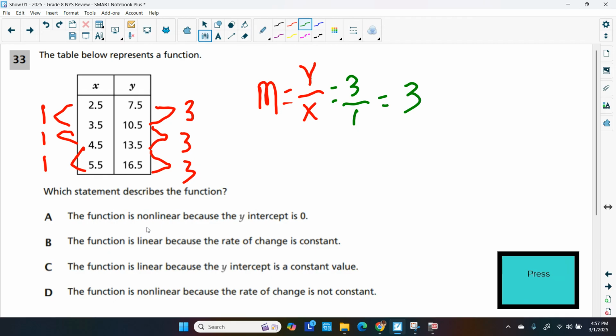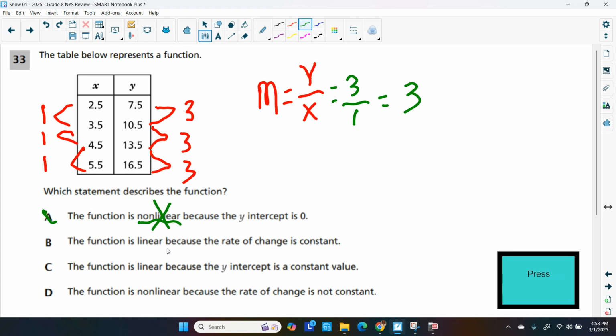A says the function is nonlinear. That means not a line, and because they have the y-intercept of 0. Well, I don't even see a 0 there. You can find it, but that's not true. And I would also say nonlinear. No, if you have a slope going on there, it's definitely linear.